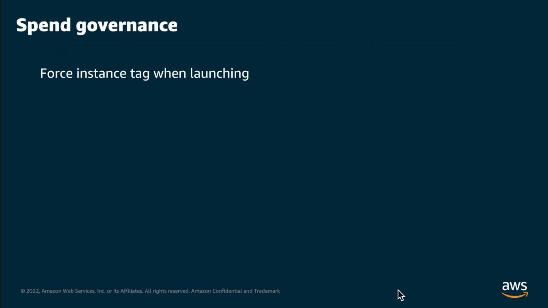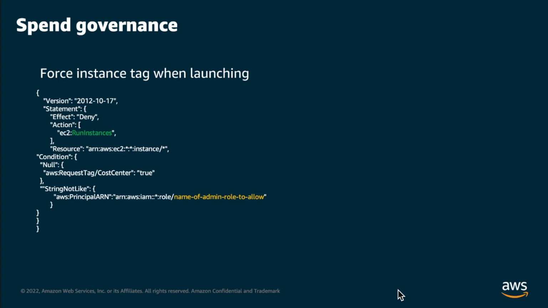Now we're going to go to some spend governance, which is a really interesting approach to cost optimization. In this example, I'm going to show you that, as I was talking about, tags are really important. This service control policy can be created for your whole organization, so it's not on a per account basis, it's easier for you to manage.